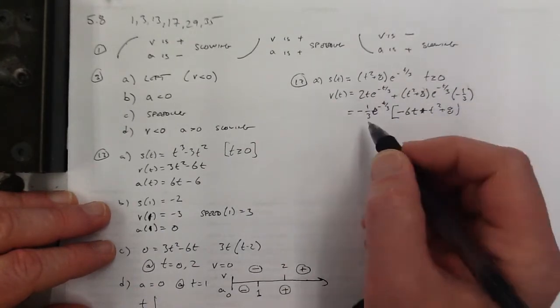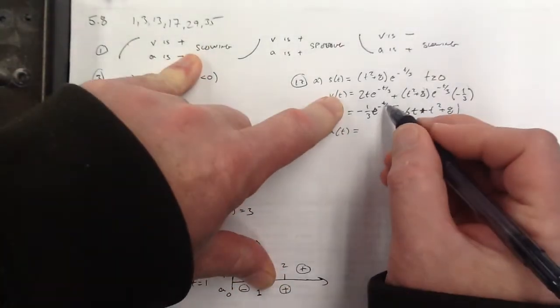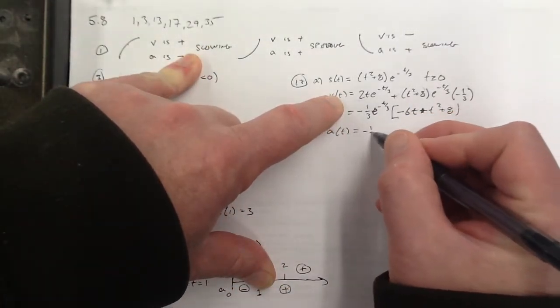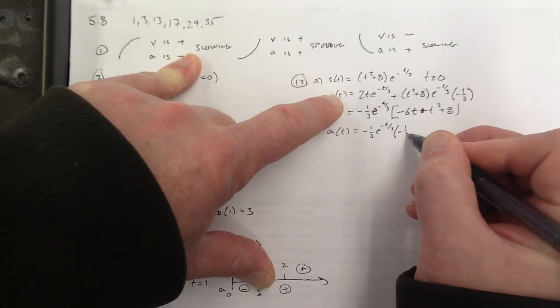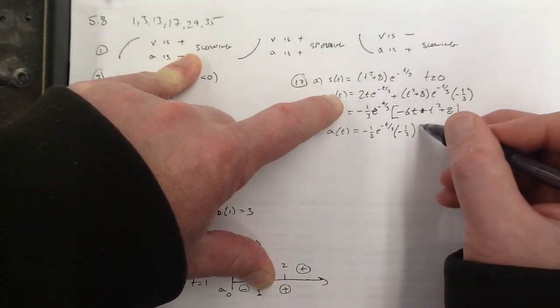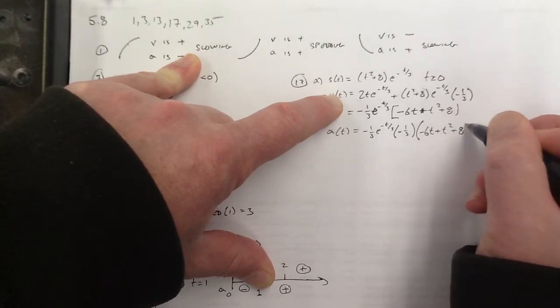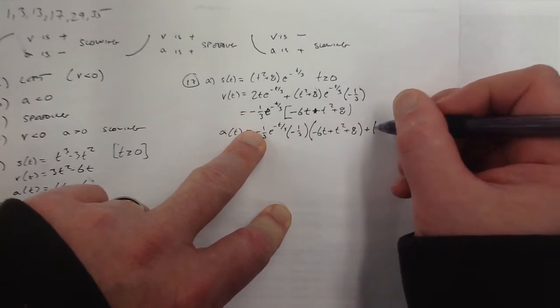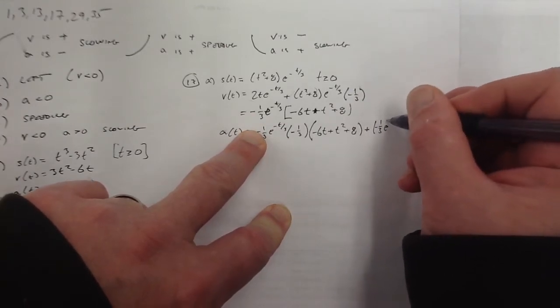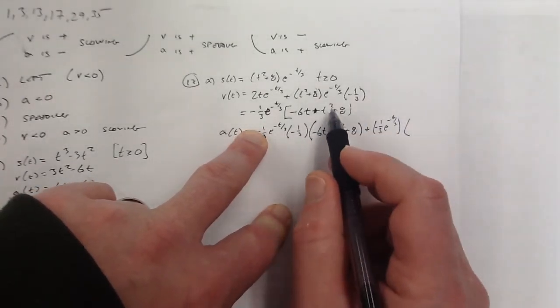And now, hopefully that makes finding the acceleration a little easier. So let's see, derivative of the first times the second plus the first times the derivative of the second, which would be 2t minus 6.